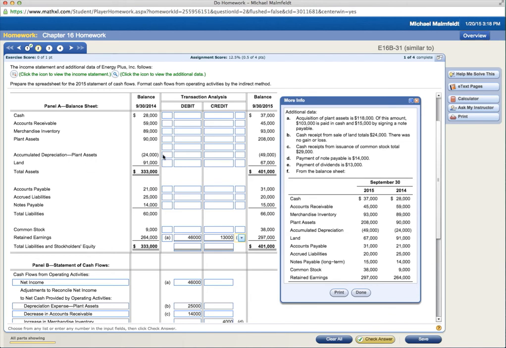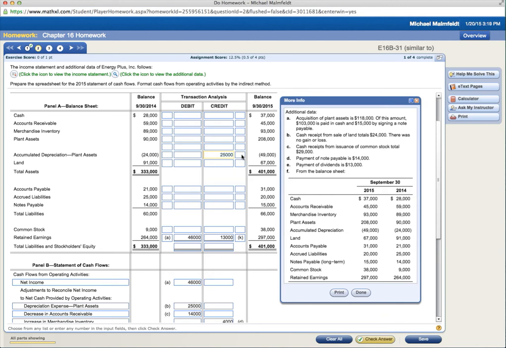You'll see here accumulated depreciation carries a credit balance, and so accumulated depreciation increased from $24,000 to $49,000 during the year. And how do you make that increase? That shows up as a credit of $25,000, and we see here this depreciation expense is what gets us from that one to the other.